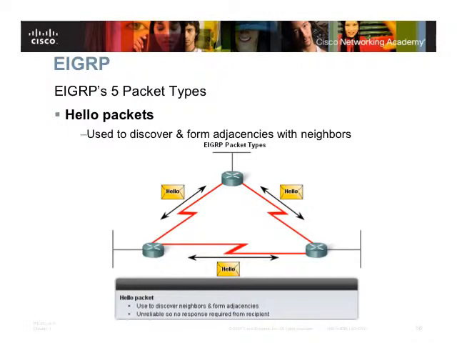So it happens that these hello messages go from one router using multicast to all the neighboring routers, and it's unreliable. Each router will send a hello message to all the neighboring routers every 5 seconds, and a hello message is nothing but just the EIGRP header to indicate hello.